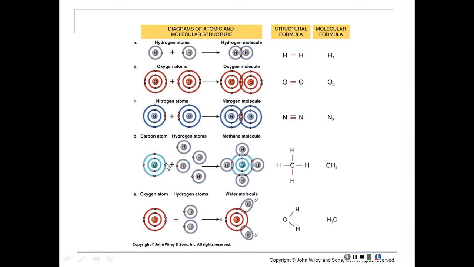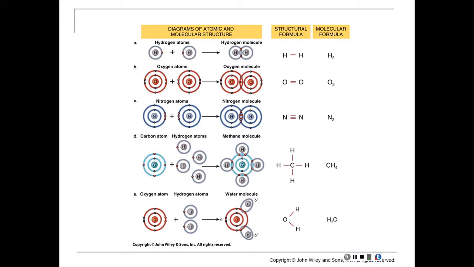Here you can see the molecule CH4. This is a molecule of methane. 1 carbon, 4 hydrogens. Each hydrogen is going to share its outer electron with carbon, and now carbon has 1, 2, 3, 4, 5, 6, 7, 8 outer electrons. Remember, hydrogen was the exception to that octet rule, only needing 2 outer electrons.